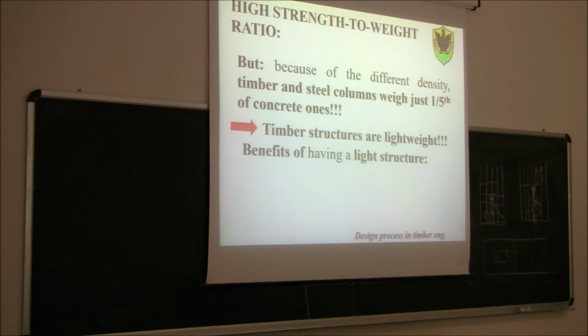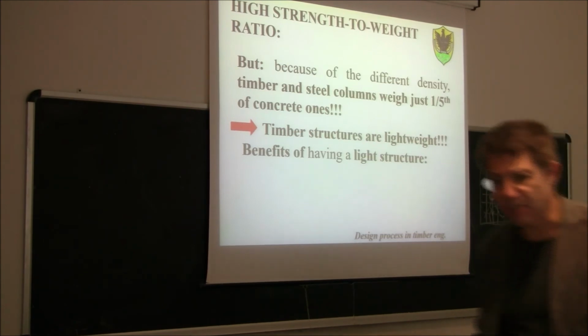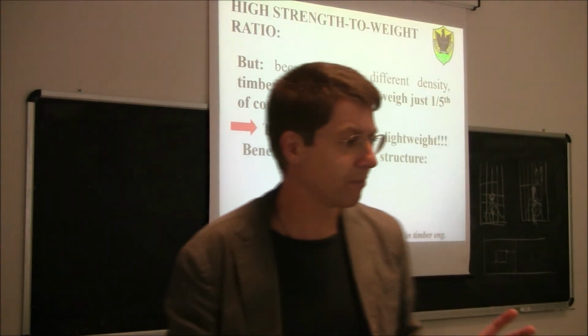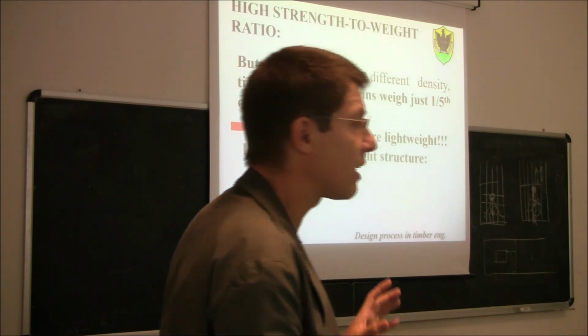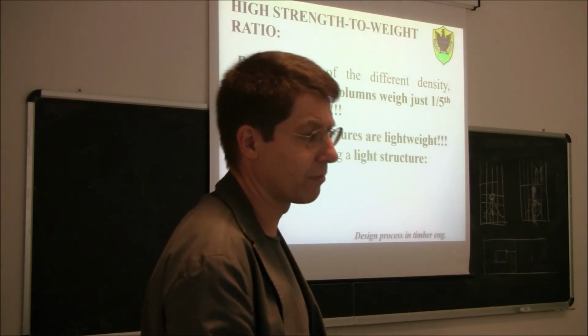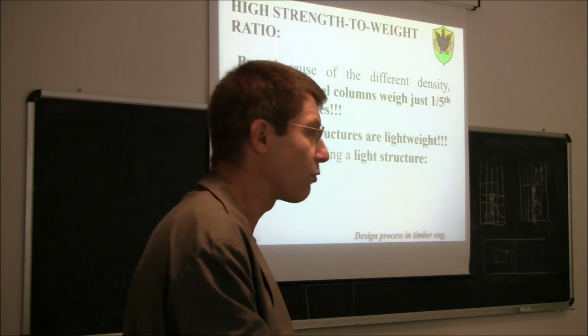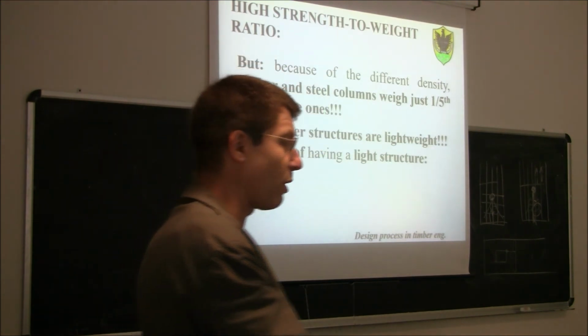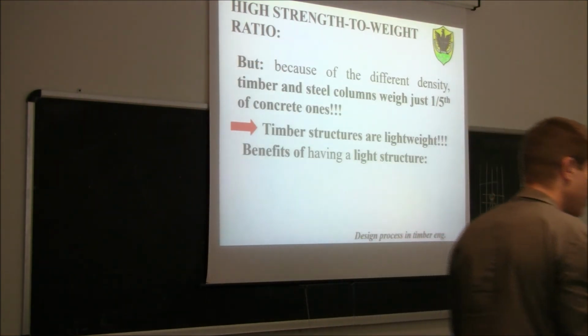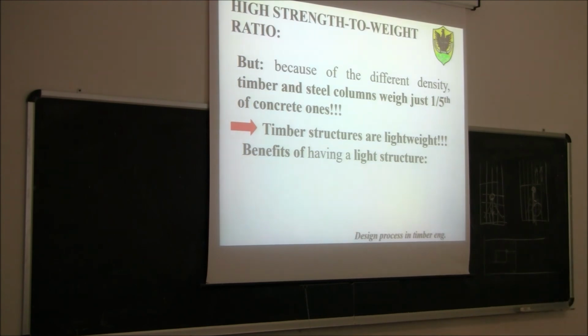Okay? Now, let's think about advantages and disadvantages of having a lightweight structure. What is the advantage of having a lightweight structure? So having a structure made of steel or timber, as we said, the weight is 1/5 of the same structure made of reinforced concrete. Which advantages can we find?